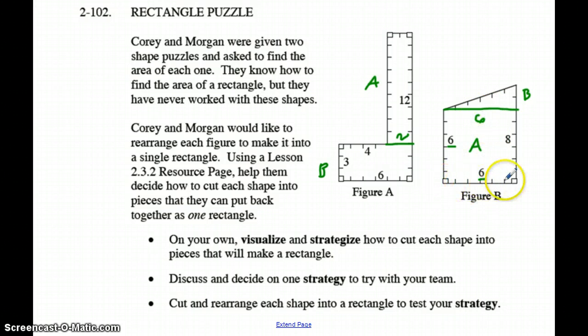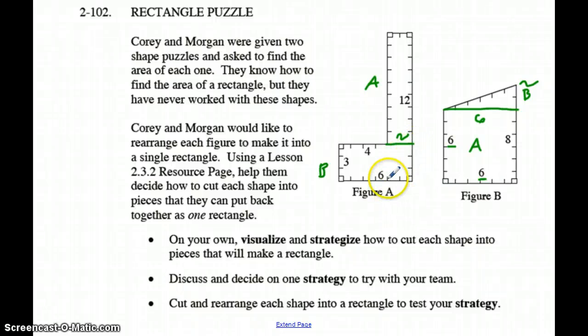They said this whole thing was 8, but we just took 6 of it off, so the height of our triangle is going to be 2. With the base of the triangle at 6 and the height at 2, we should be able to find the area of that triangle, find the area of the square, and add them together to get the area of the whole figure.